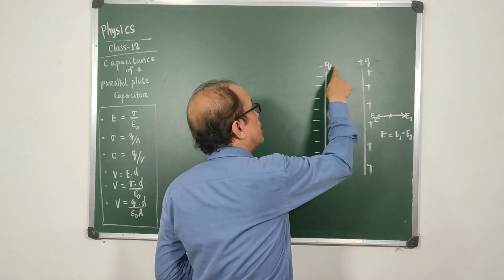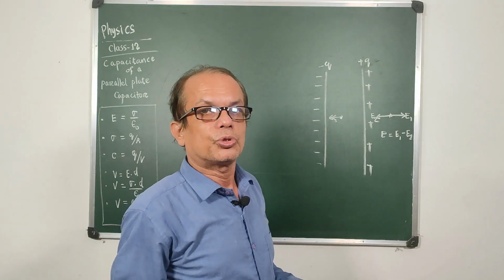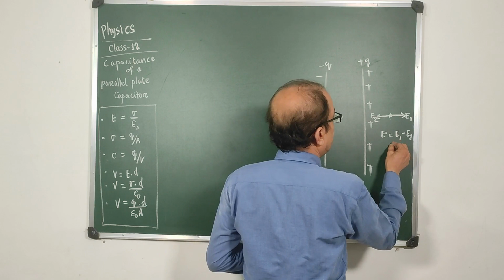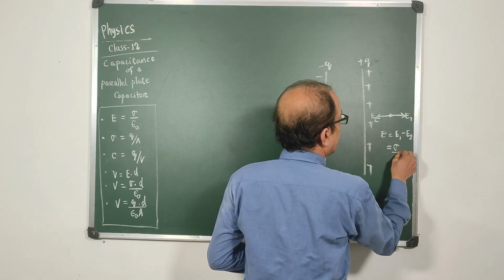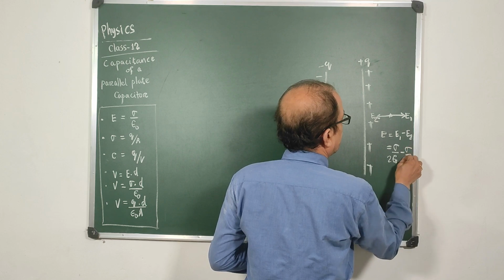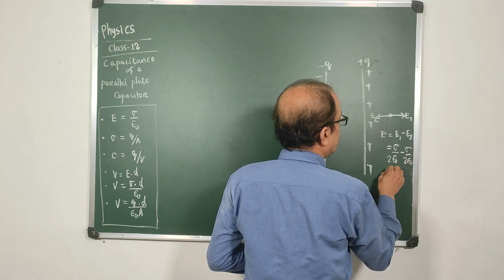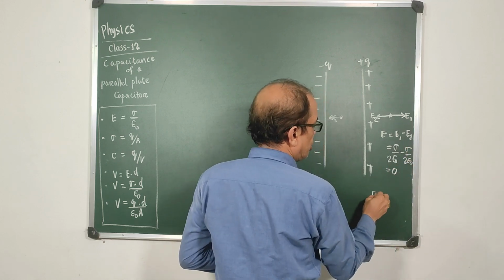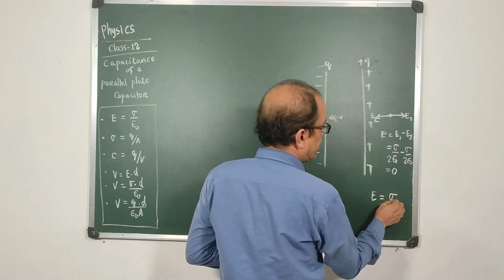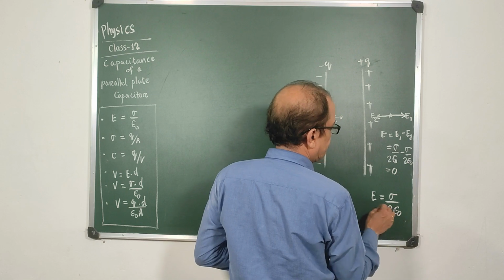Since the charges are equal in magnitude, the fields will be equal. So E1 minus E2 will be sigma by 2 epsilon 0 minus sigma by 2 epsilon 0, which is equal to 0, because you know the electric field due to a charged plate is sigma by 2 epsilon 0.